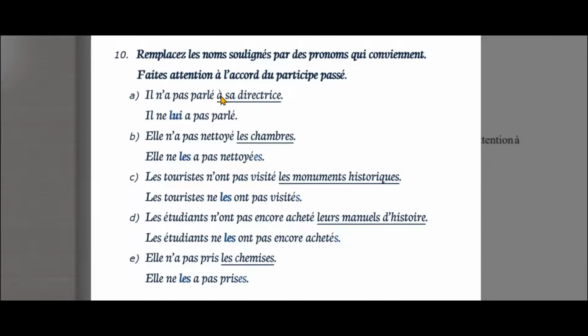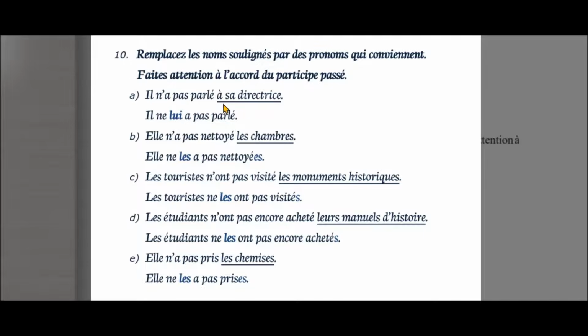So when you want to indicate to him or to her, now in this case, he did not speak to her, you have to make use of lui, which is an indirect object pronoun, meaning to him or to her. So in this exercise, when you see the preposition, you should know that you have to make use of the indirect object pronoun lui.